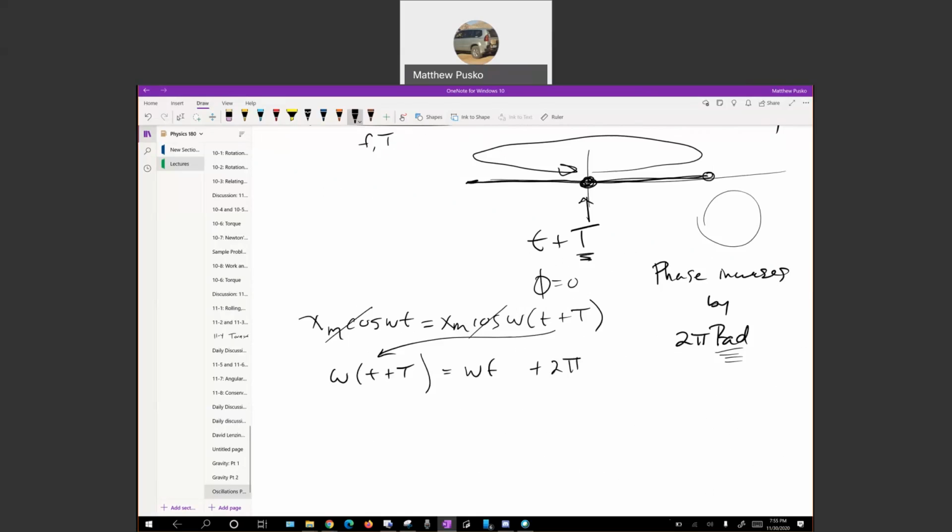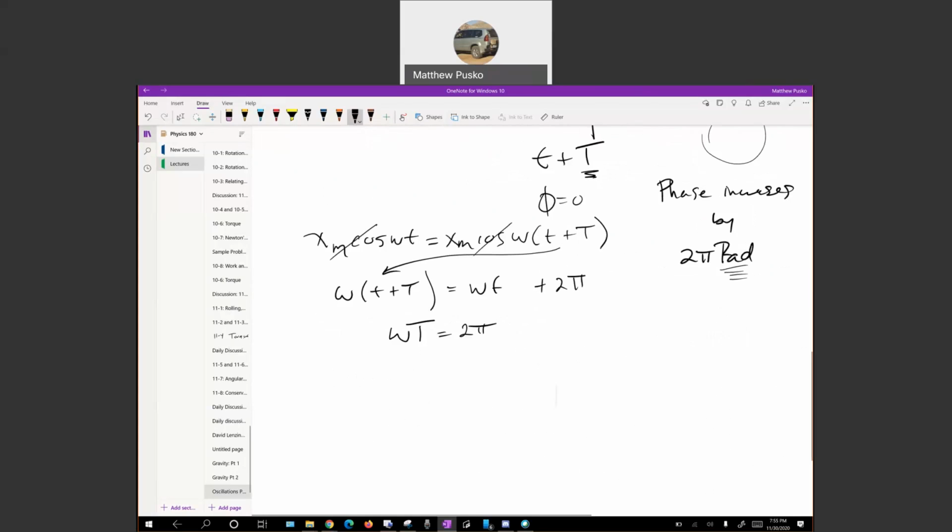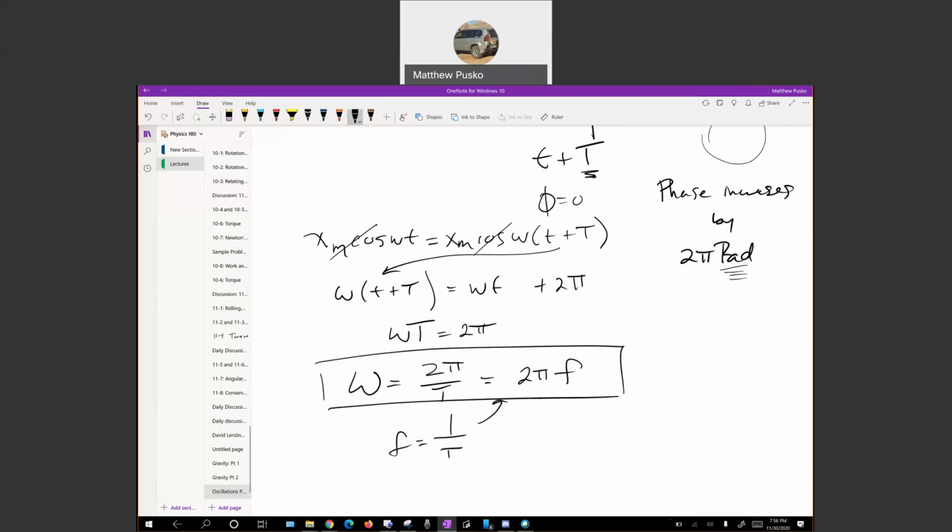Distributing this out ends up canceling one out, and we just get omega times the period is equal to 2 pi. And this gives us a definition for our angular frequency as 2 pi over the period. And if the frequency is equal to 1 over the period, we can also say this is equal to 2 pi times the frequency. That's a useful definition, and the unit would be radians per second.